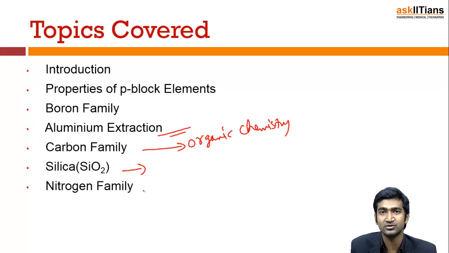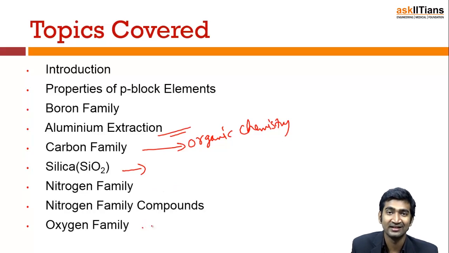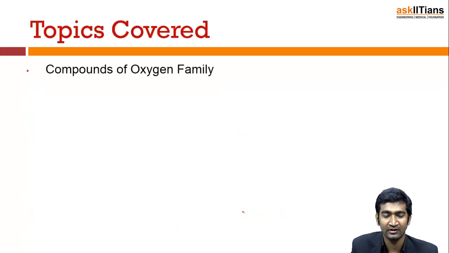Then we're going to learn the nitrogen family and its compounds. Then the most vital element for us, that is our oxygen family, and we also learn the compounds of the oxygen family.